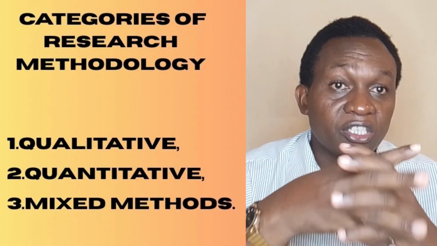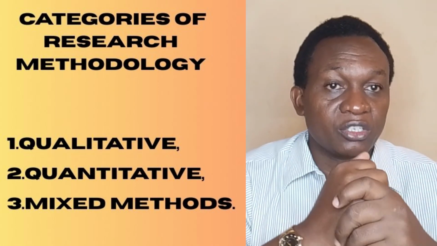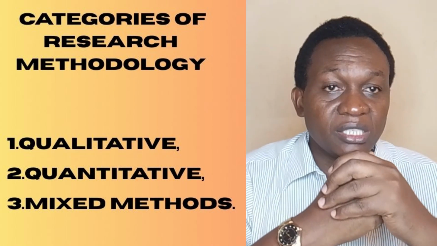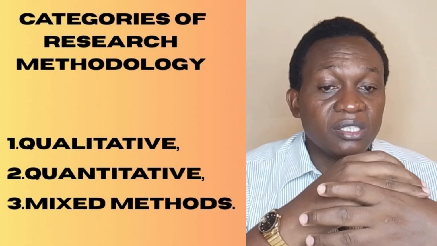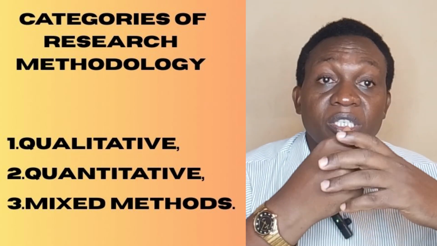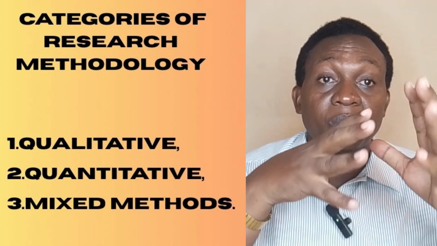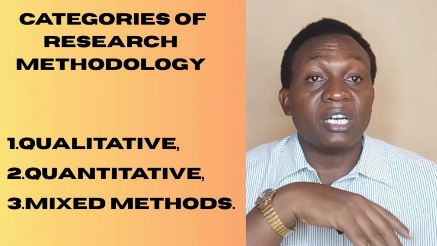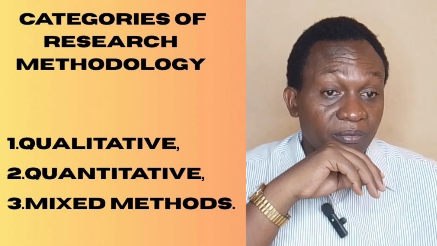The next point that you're going to look at is that we have three broad categories of research methodology that we basically use in our dissertation, our thesis, and our research project when we want to analyze the data. You're either doing a qualitative research, a quantitative, or a mixed method where you're combining the qualitative and the quantitative together.